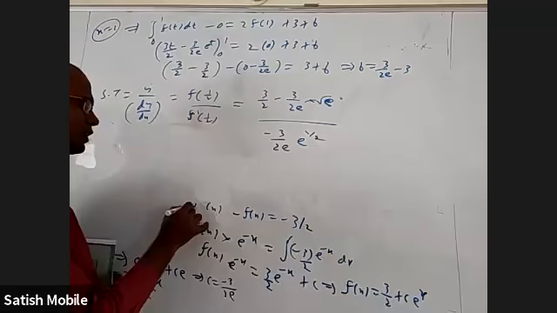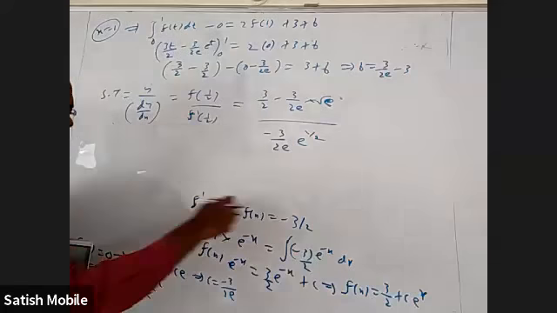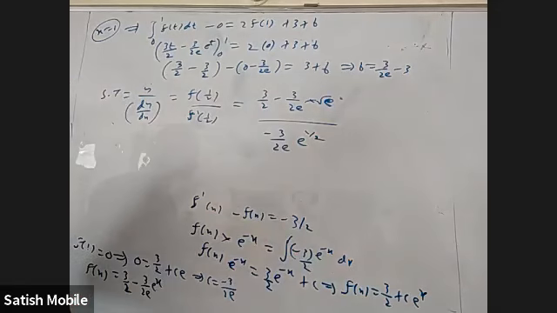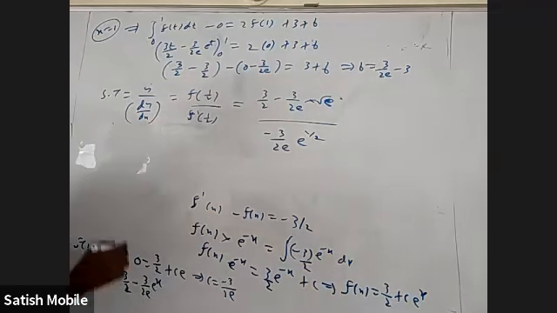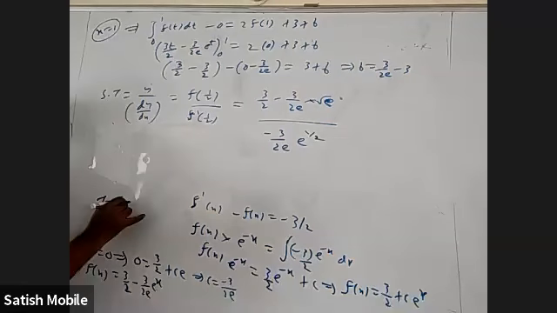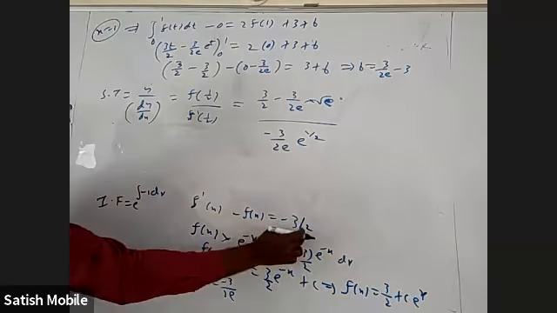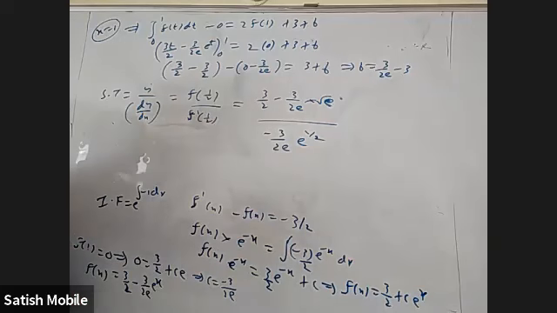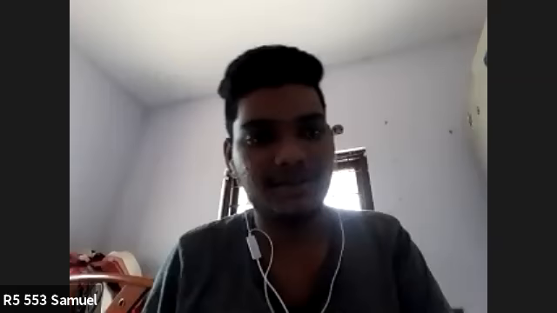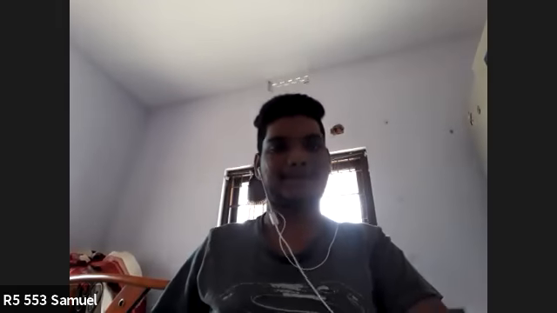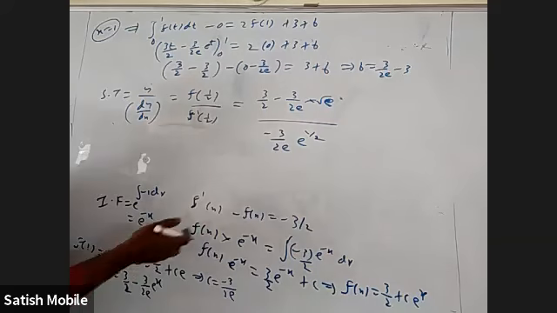For this, I used integrating factor. I said this is a very simple differential equation. I can do variable separable, but from here to here, I used integrating factor. Integrating factor is e power integral of minus 1 dx because the P is minus 1 and the Q is this minus 3 by 2, which is e power minus x. Is it okay? Yes, sir. Thank you, sir. You can do it by variable separable also, but I have done it like this for a purpose.